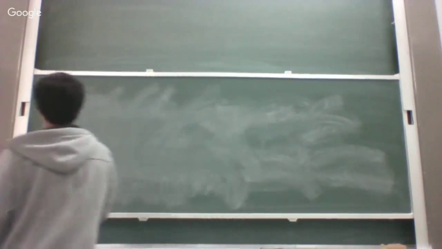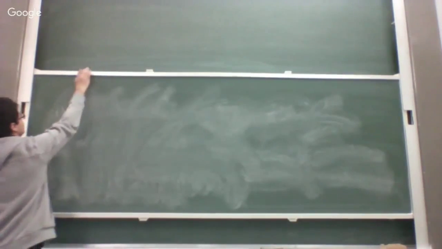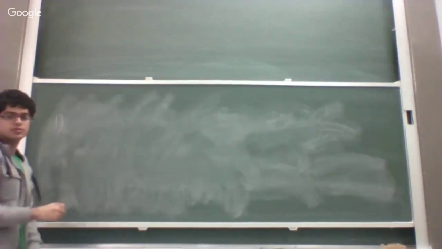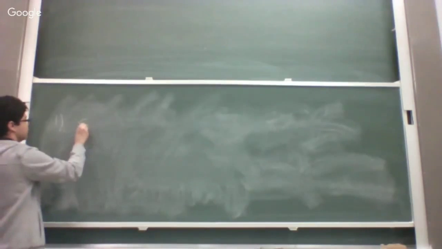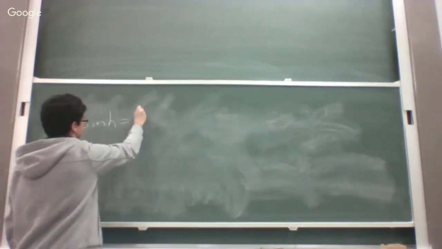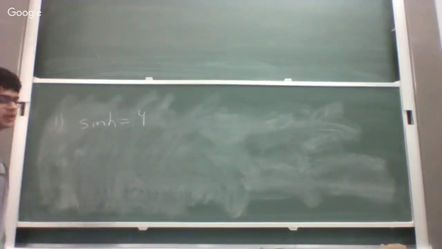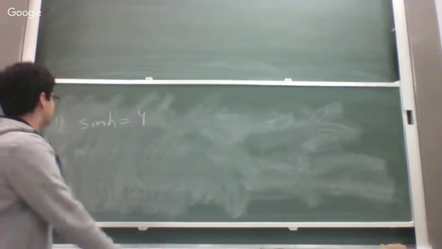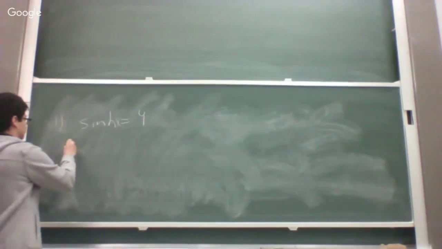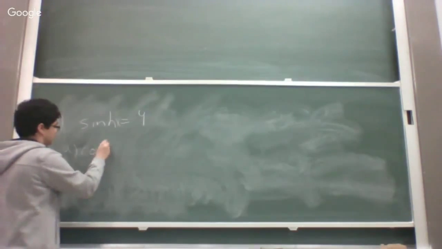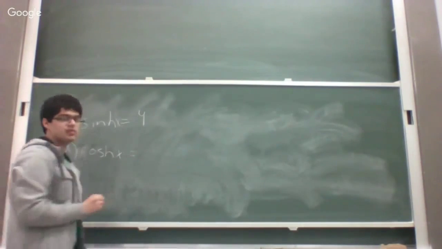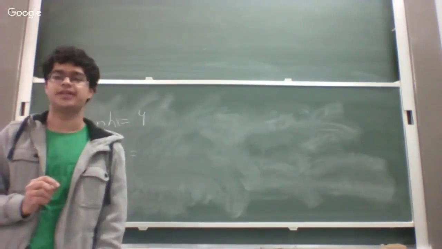Okay. So we're gonna do some problems now, like the exam problems. If they give us sinh of x equal to 4, we'll make that up, we have to find cosh of x. What famous identity will we use?